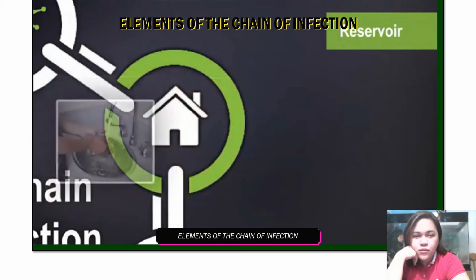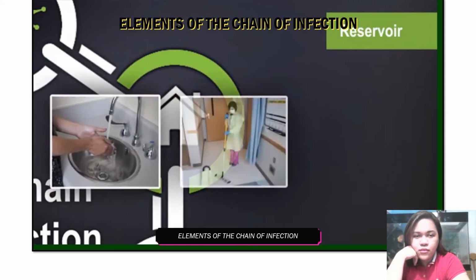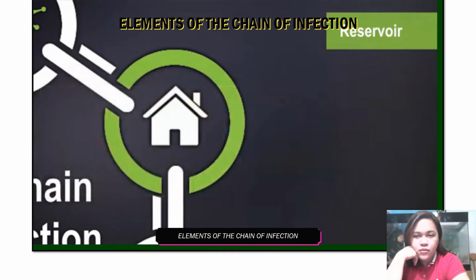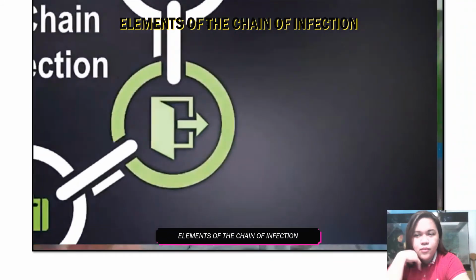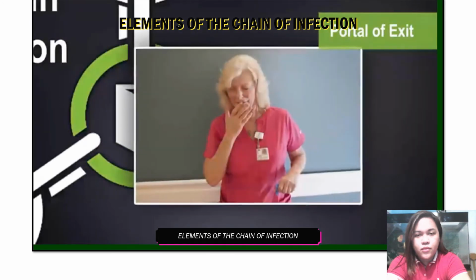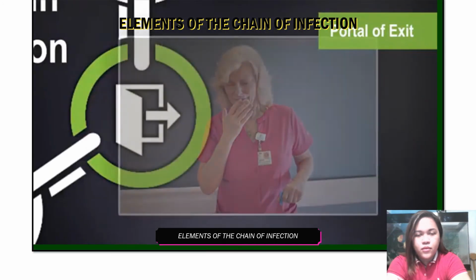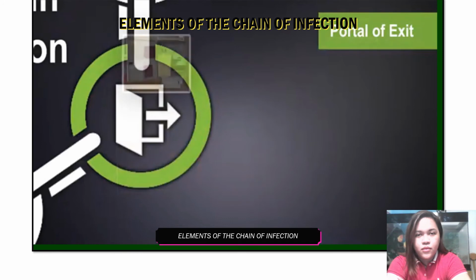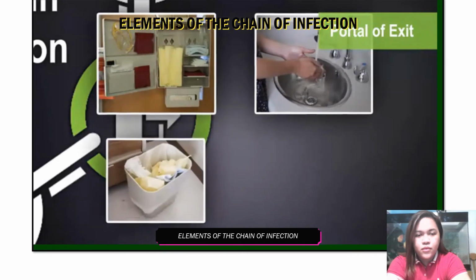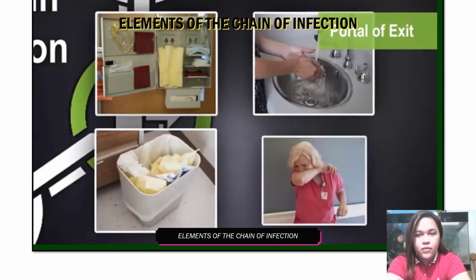Break this link by washing your hands, keeping a clean environment, and disinfecting surfaces. Next in the chain is the portal of exit, which is how the pathogen leaves the reservoir, such as sneezes or coughs. Break this link by wearing personal protective equipment, washing your hands, properly disposing of trash, and covering your cough or sneeze.